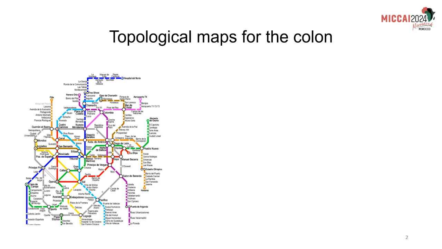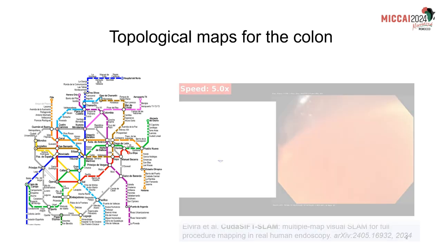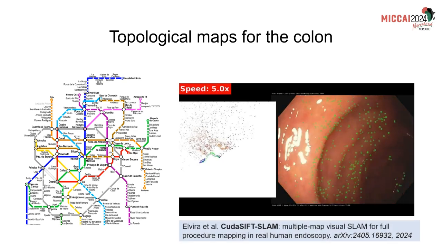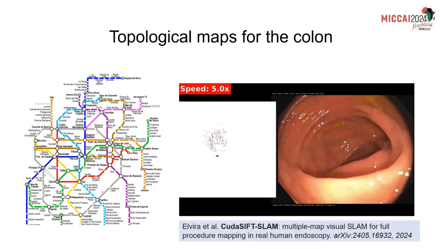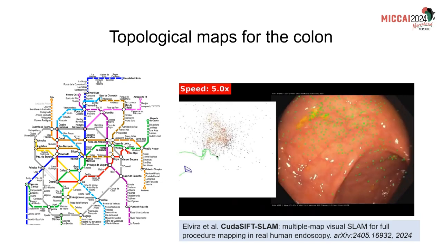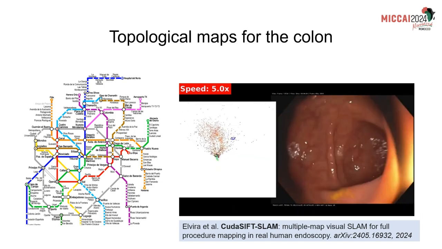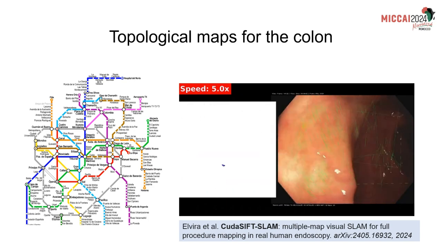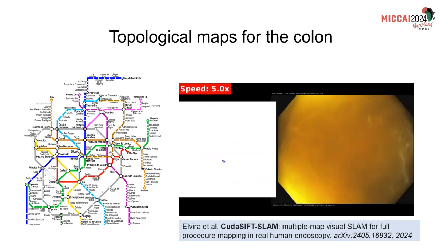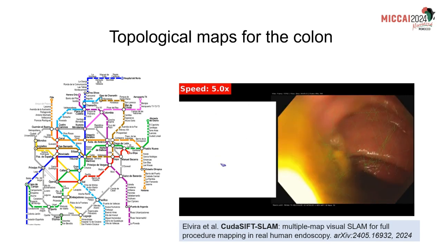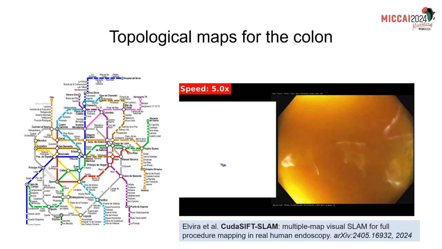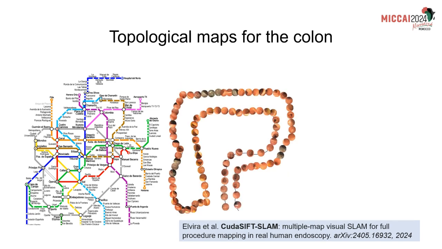The state-of-the-art software for building maps for the colon is SLAM, a metric 3D SLAM able to build small 3D maps for the whole colon. But due to the limitations and challenges of the colonoscopy procedure, like constant occlusion, liquids, and deformations, if we use this software out of the box for building a topological map, what we get is this linear graph where we build all these small submaps and put one after the other.